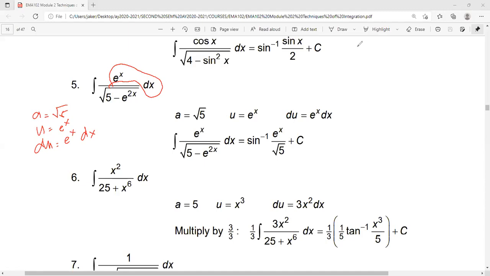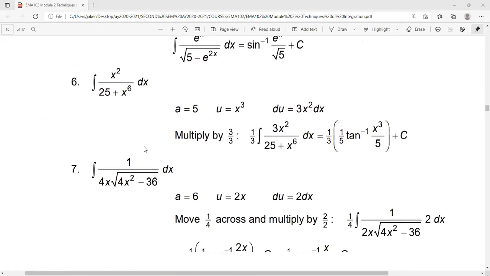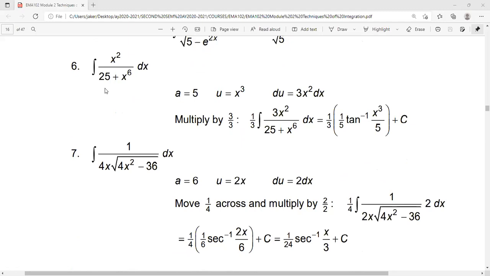Now, what about if it's not anymore having a denominator which is a radical sign? So this time your denominator is the sum of 2 squares. Your a is 5, or the square root of 25. Your u is x cubed, the square root of x cubed.